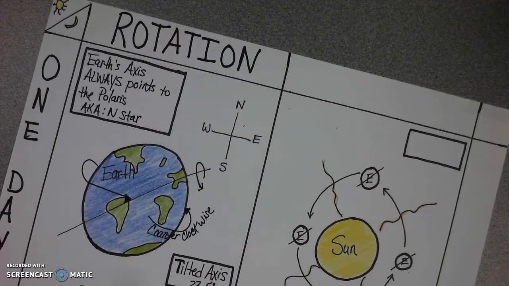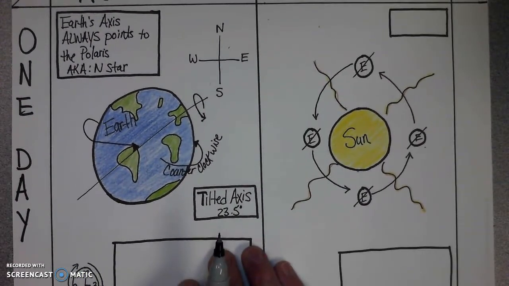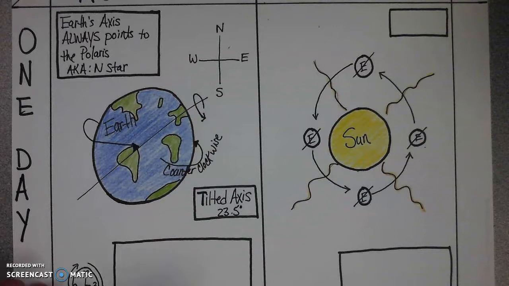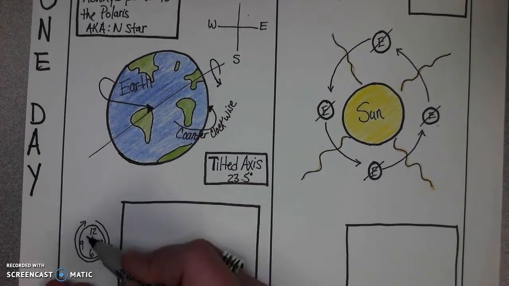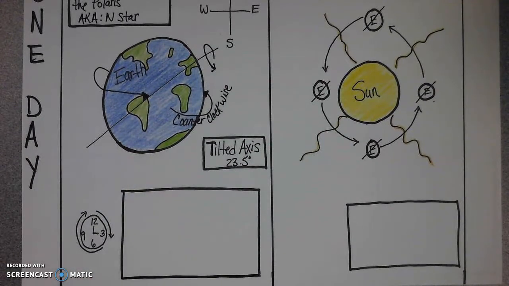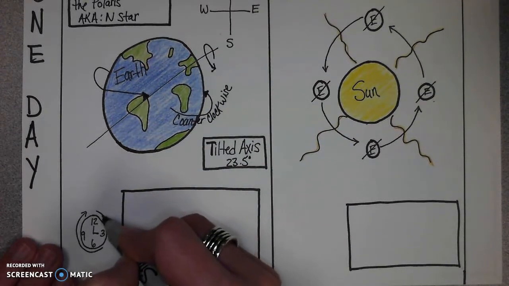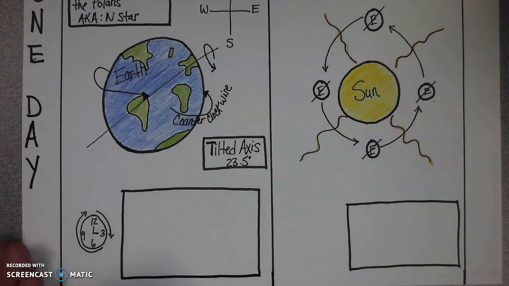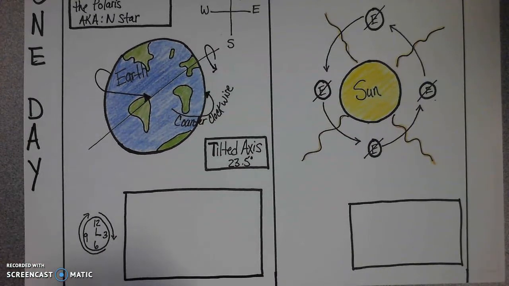Because with the clock at the bottom, if you're looking at a normal clock, notice what direction it goes. This goes clockwise. That's how we read a clock.